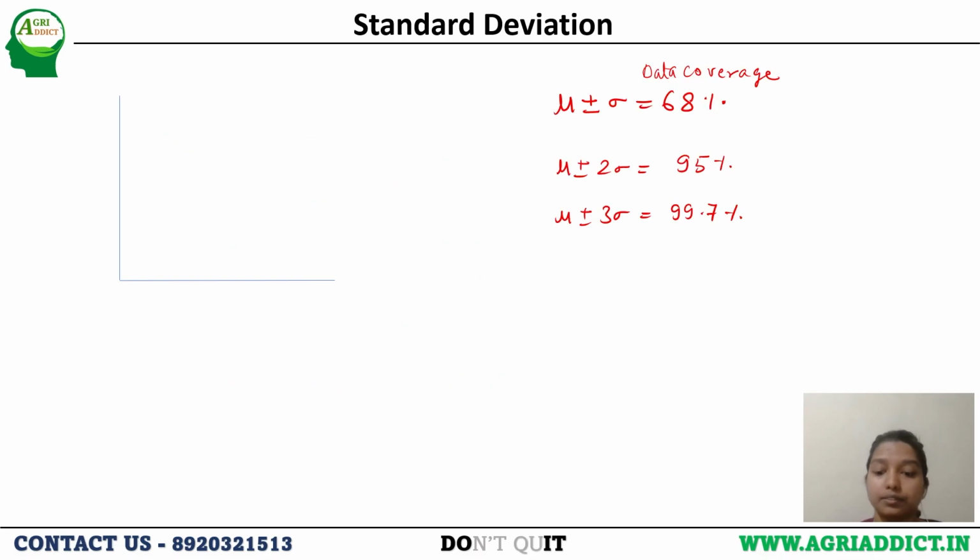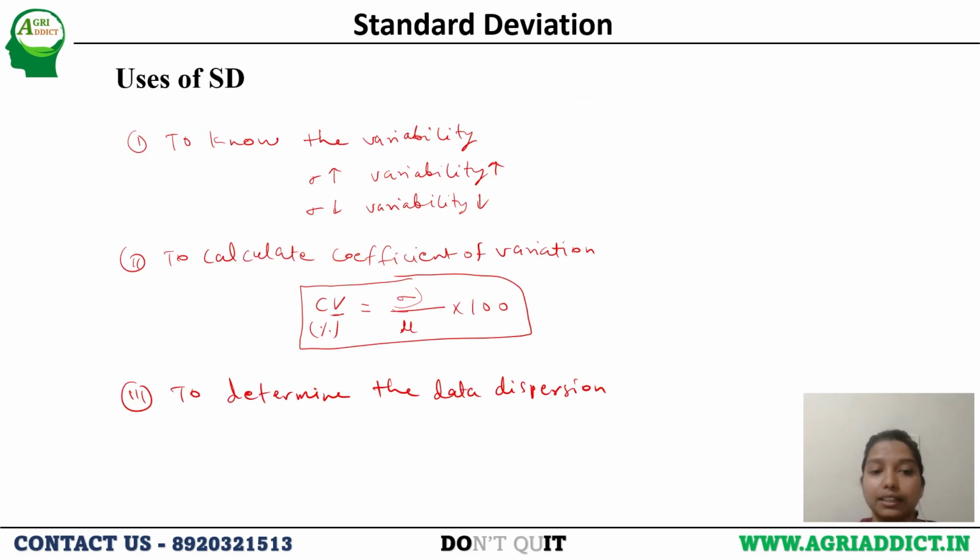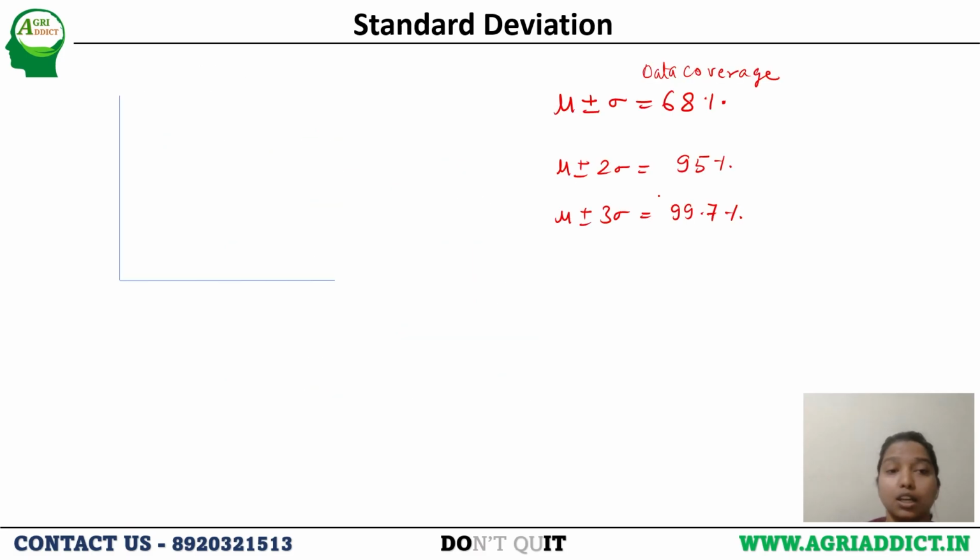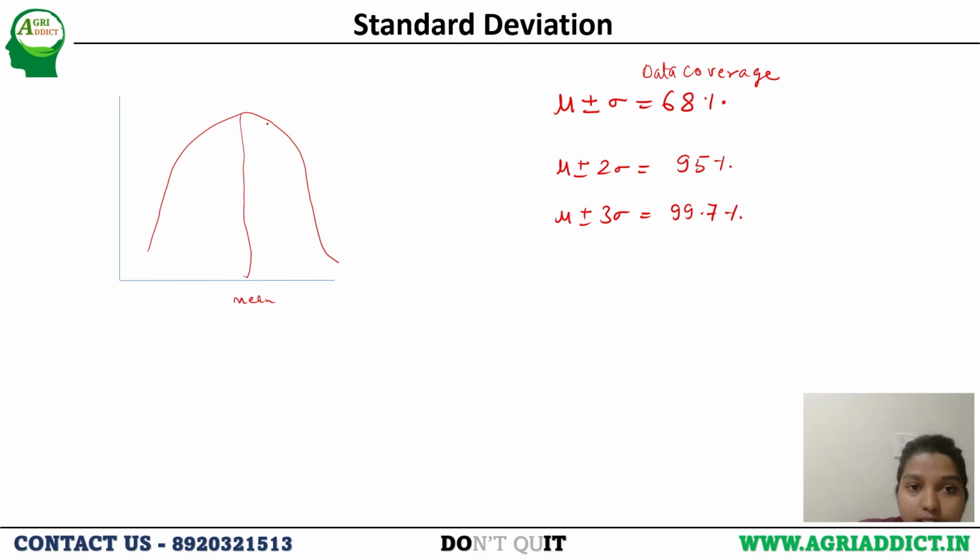Let's move. The third point I'll be explaining here, to determine the data dispersion. In the next slide, I'll be explaining. So for say there is this graph. This is the mean value, mean. And if the mean is either added or subtracted by sigma, that is standard deviation, this is how we draw it.